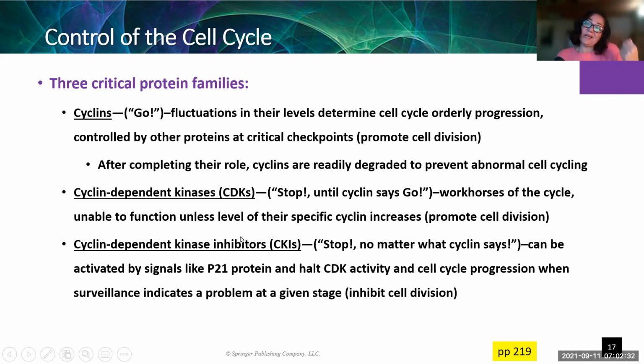And then there's an inhibitor on those. So cyclin-dependent kinase inhibitors say stop no matter what cyclin is saying. So even if the cyclin level is high, these molecules inhibit the action of the cyclin-dependent kinases. And so there's supposed to be control systems here.